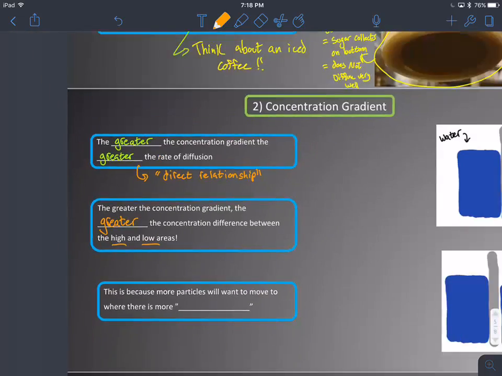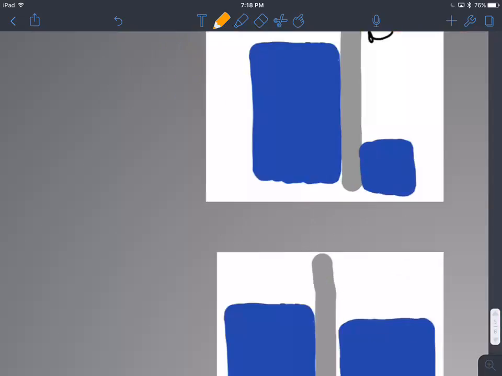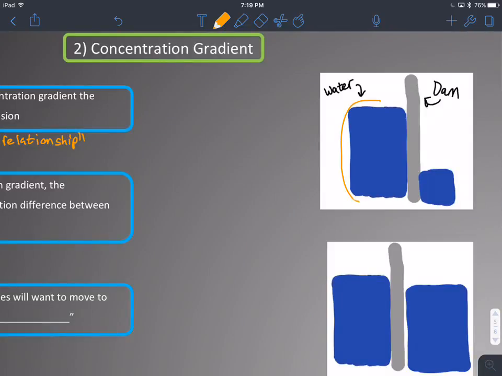And so if you look here on the right, I did a pretty simple example of water in a dam, okay? And on the left side, you guys will note that the water in picture 1 is very high, and that the water on side 2 over here is very low.